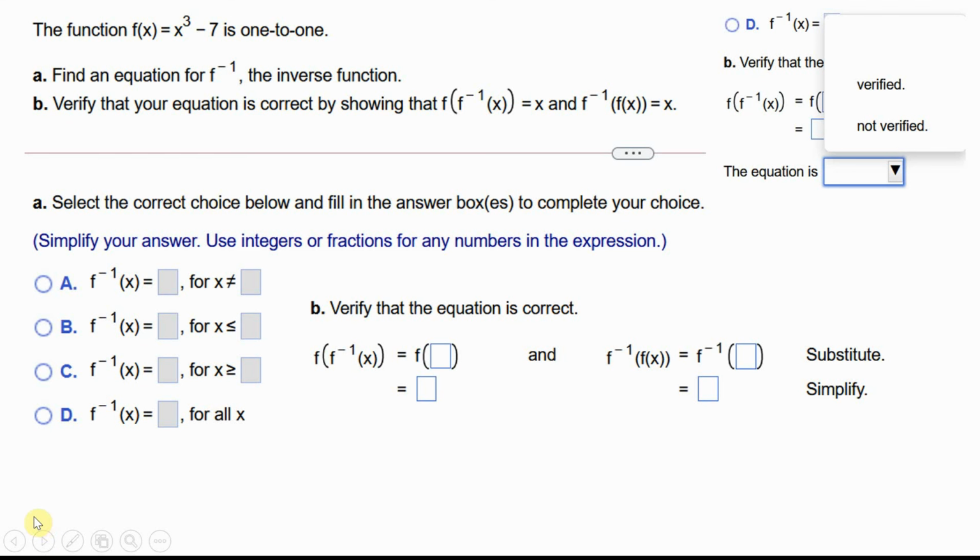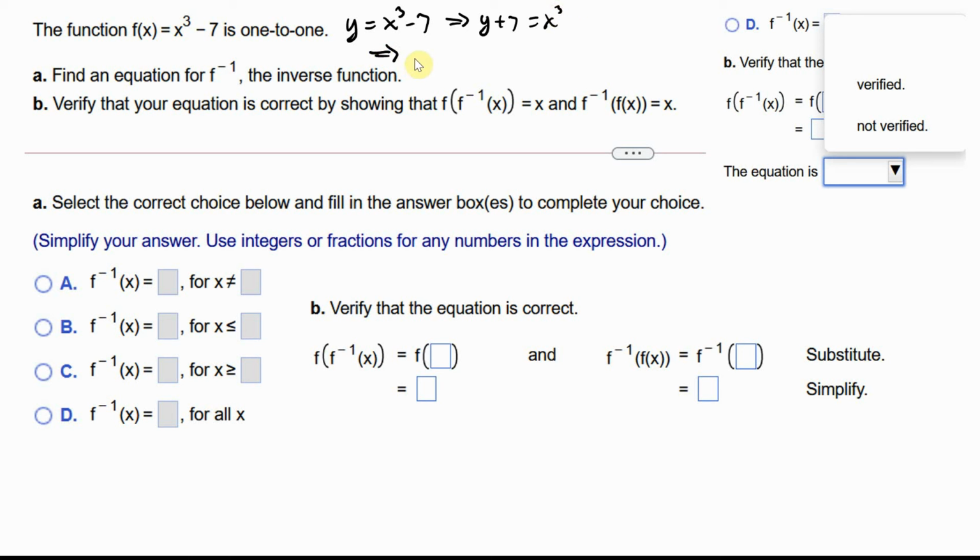All right, here the function f of x equals x to the third minus 7 is 1 to 1. It says find the inverse. You remember we said to find the inverse, we replace f of x with y. That's equal to x to the third minus 7. And then we said solve for x in terms of y. So this implies that we have y plus 7 is equal to x to the third. Now to get x by itself, we take the cube root of both sides.